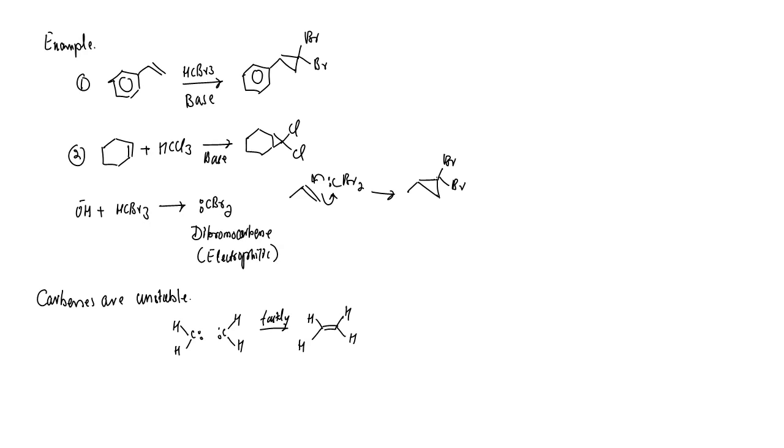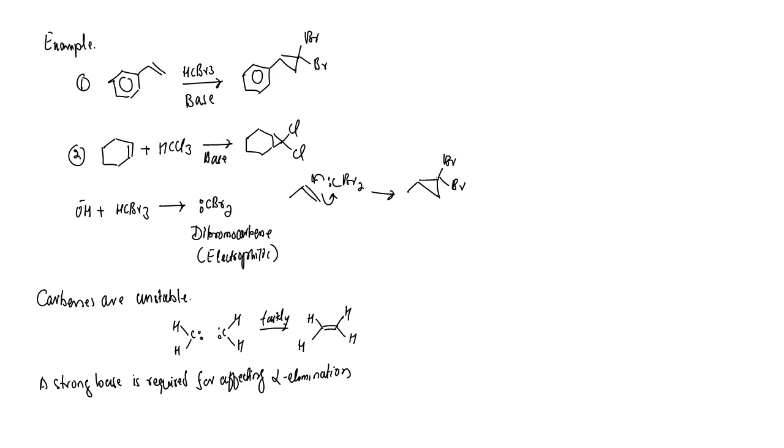Usually for alpha elimination, a strong base is needed. A strong base is required for affecting the alpha elimination reaction. Just for example, we can have different compounds such as dichloroalkane.